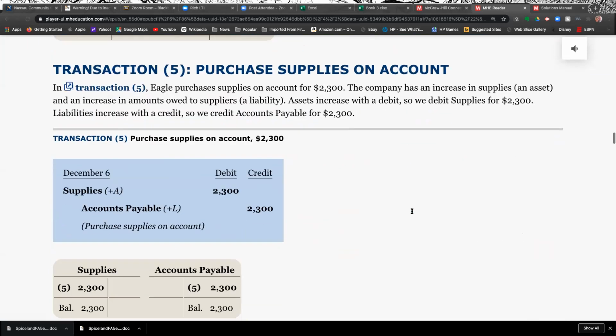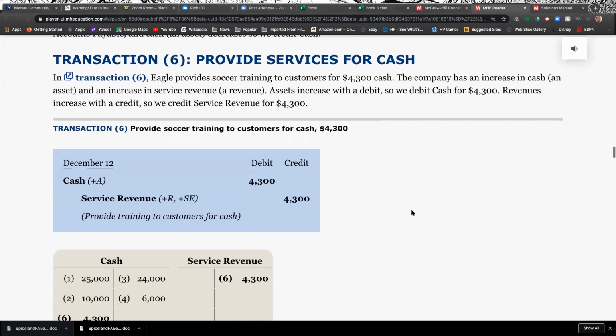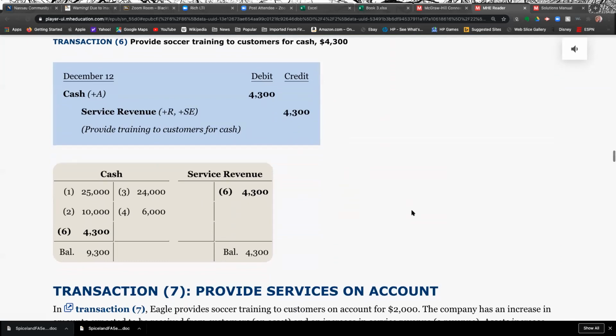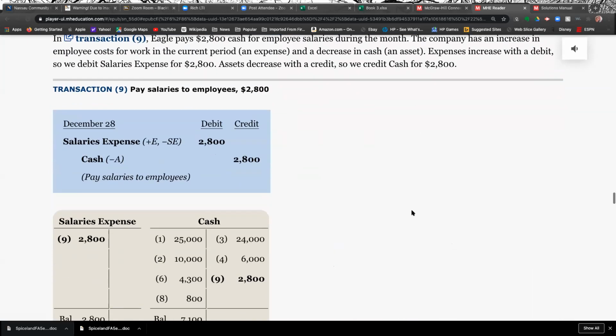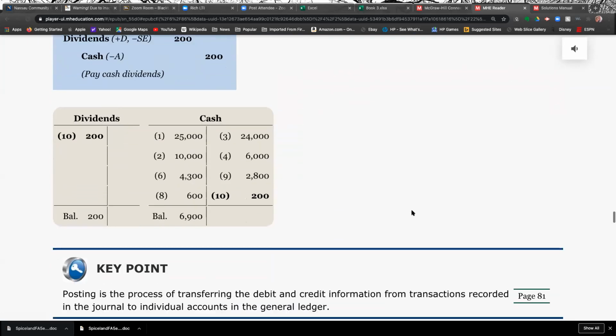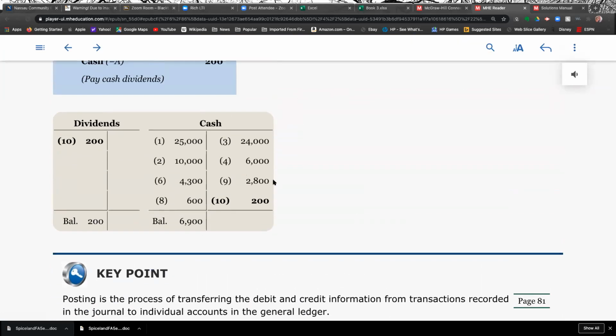All right, so I'm not going to go through all of these with you because we already went through them. But now what's the next step in the process? Look at that cash account. How many transactions were recorded in the cash account? 1, 2, 3, 4, 5, 6, 7, 8. 8 transactions.